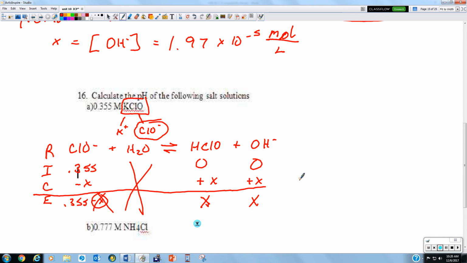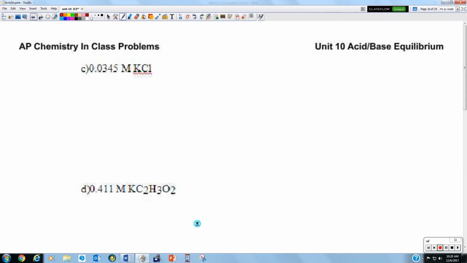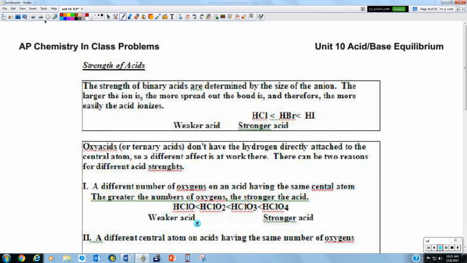Problem is, we are not given a Ka or a Kb. So we need to look up the Ka or Kb of this, and I'm going to tell you that we are going to be able to get a Ka but not a Kb. So we're going to get a Ka of HClO.